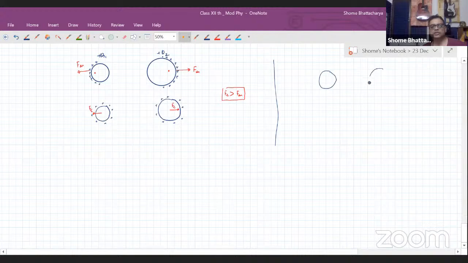Okay, now let's take the case where one is positively charged and the other is negatively charged. Here the induction will result in this kind of situation. The charge will come closer. So the actual charge centers will become like this. So the attractive force will become more in the case of the measured value, less in the case of the theoretical value, where it is like this.